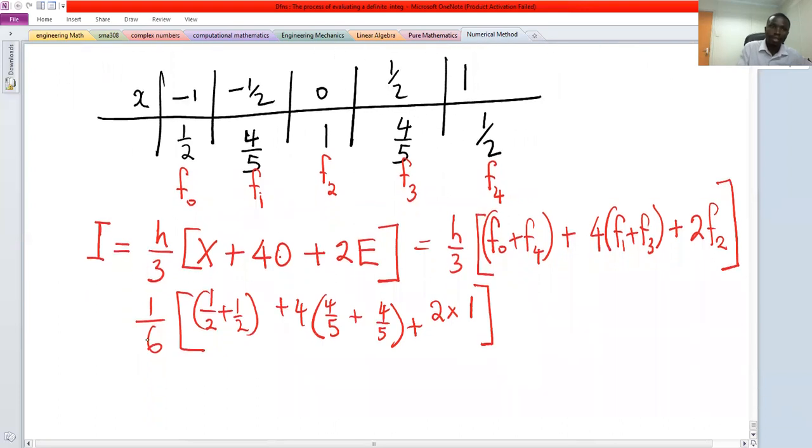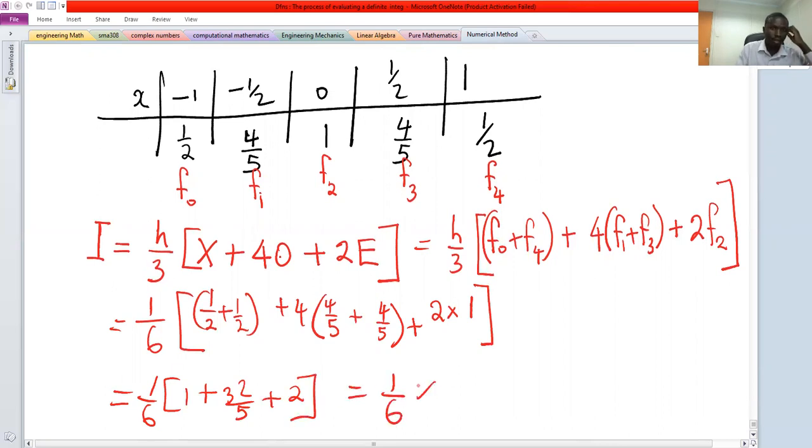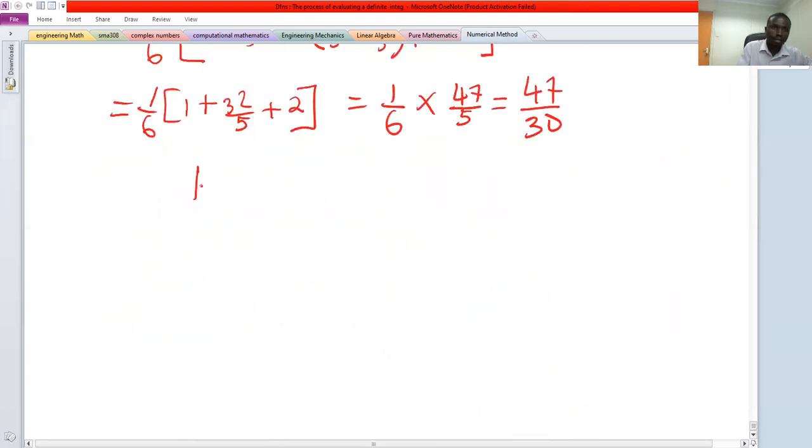When you simplify this, you get 1 over 6 into 1 plus 32 over 5 plus 2, which will give you 1 over 6 times 47 over 5, which will be 47 over 30. You can change into decimal as 1.56.